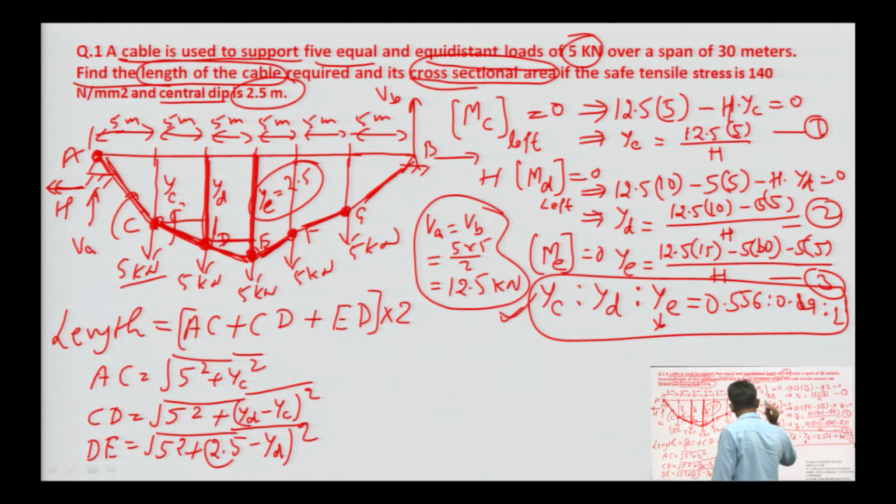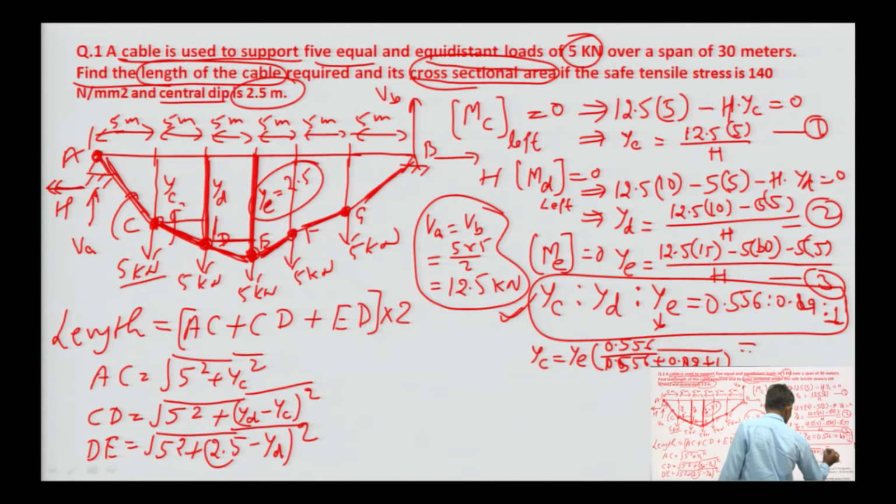With this equation, the values of YC and YD become known to us. It is very simple. The value of YC will be, because this is 1, YE which is known to us, 2.5, multiplied by the ratio of YC: 0.556 divided by 0.556 plus 0.89 plus 1.